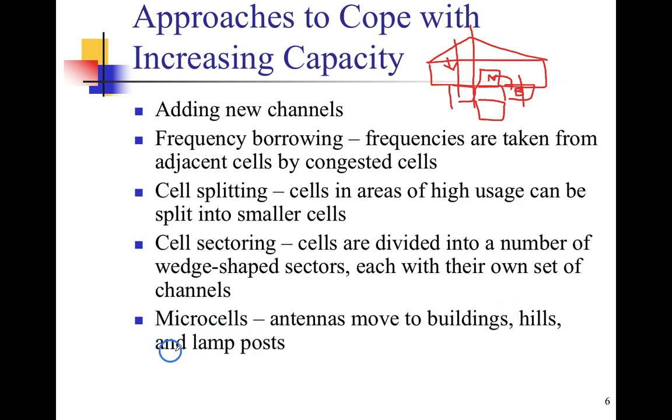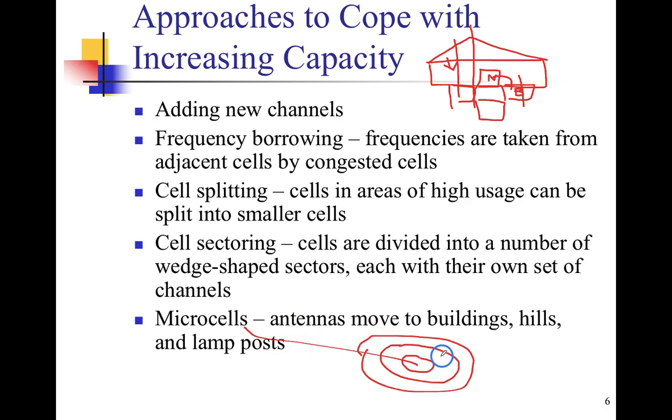For example, if you look at the cell, from the bigger one you manage the smaller one and go to the smallest one. So this is what we call microcell. You move from bigger to smaller.